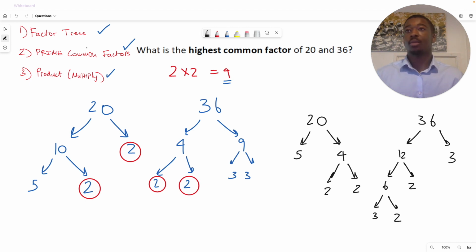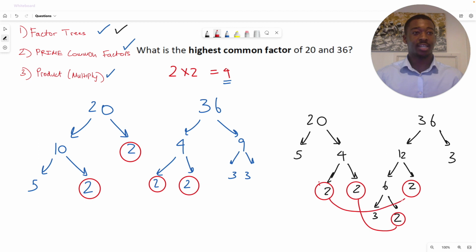Now, factor tree step done. Prime common factors. What are our prime shared factors? Well, I'm seeing some 2s. And I see another pair of 2s. Can you see it now? Can you see how we're coming to the exact same answer?